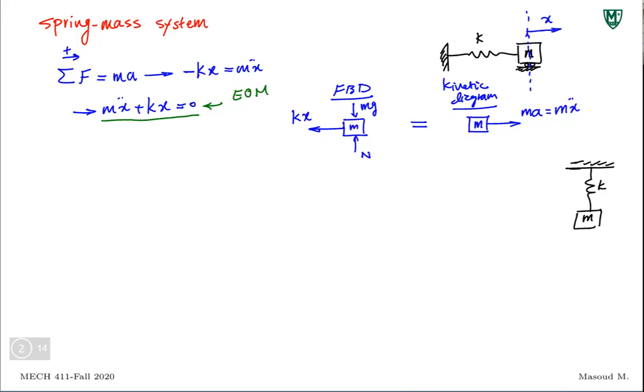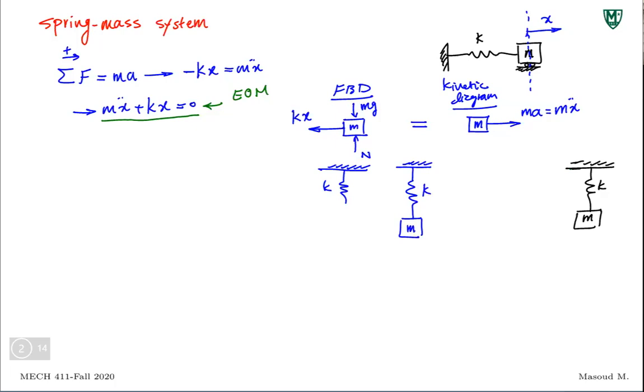For this system, let's say I have a spring like this, undeformed shape, K. Now what I did was I added a mass to it and let that force be applied to the system. Now this is the mass and this is the spring.